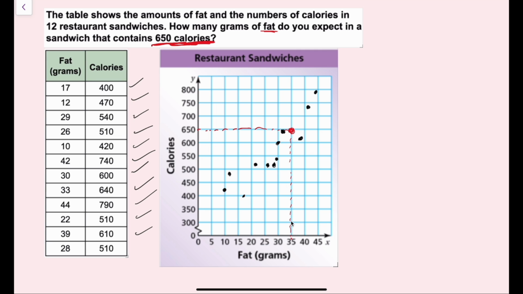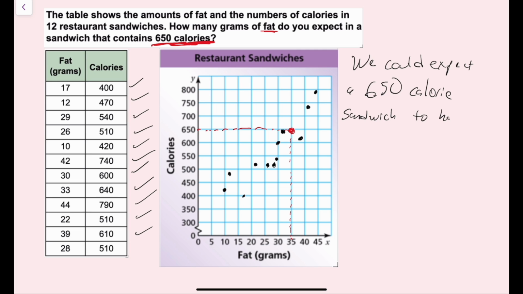You could pick any answer in this neighborhood around 35, but we could expect a 650 calorie sandwich to have 35 grams of fat. So we used a scatter plot to figure this out. We analyzed the data, figuring out what the trend was, and then we picked a good value that would match up well with a 650 calorie sandwich. And now we're done with this one.